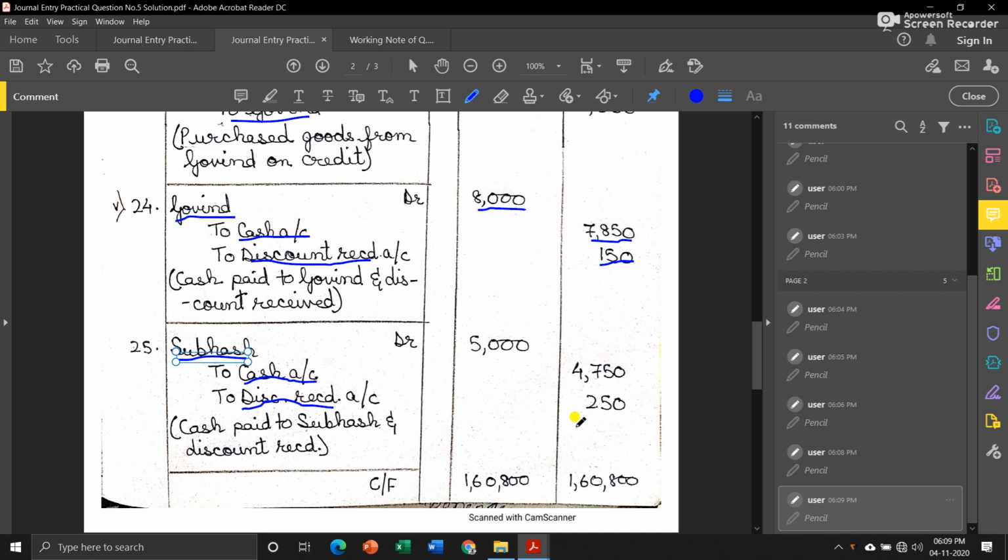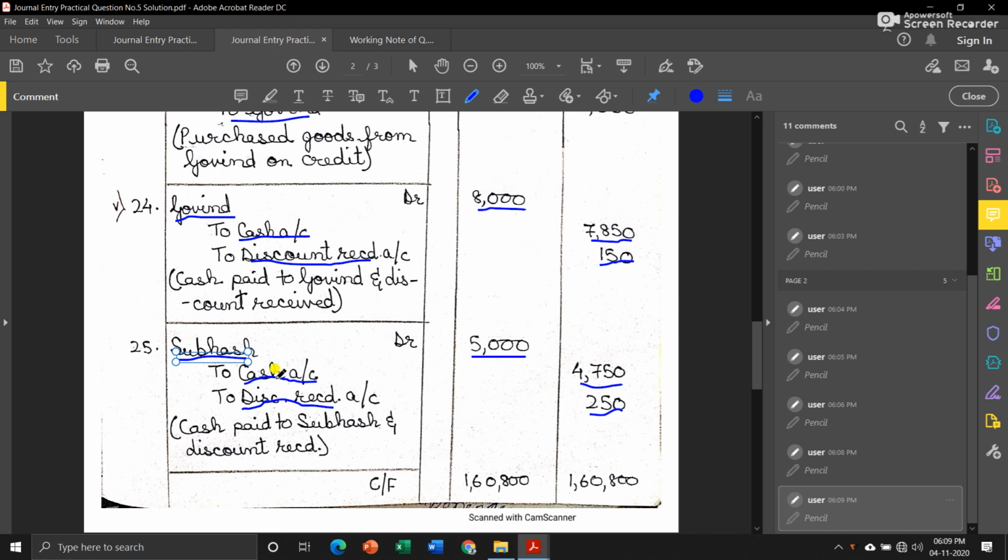Now see, as per given in the question, actual cash paid was 4,750 and discount received was 250. Now after entering these two amounts on the credit side, we will add these two and then write on the debit side: 5,000. So you can follow this rule.